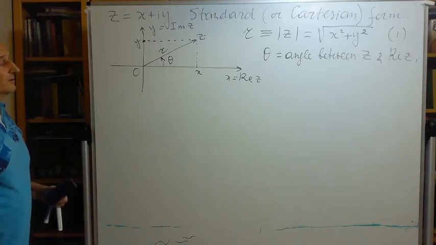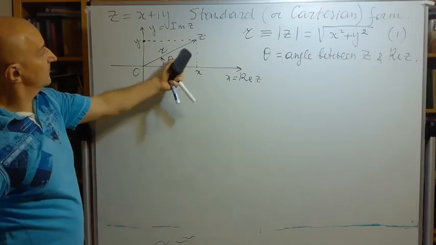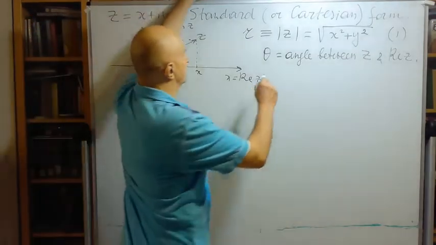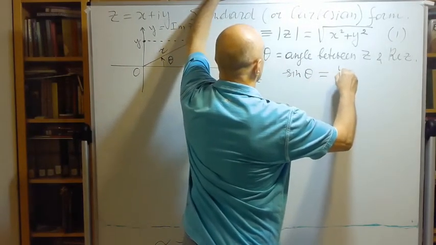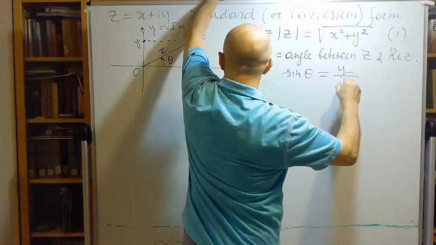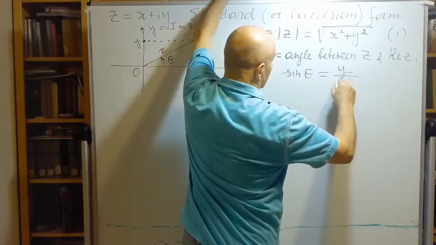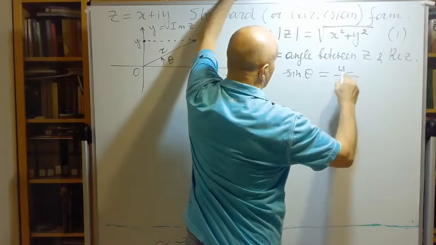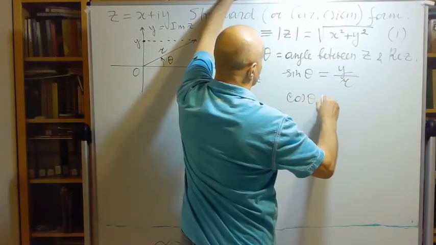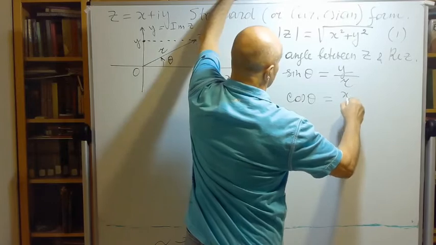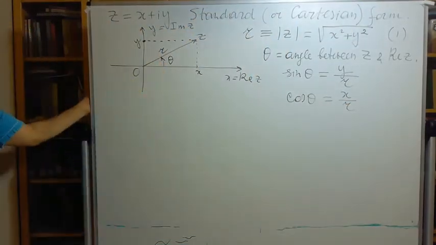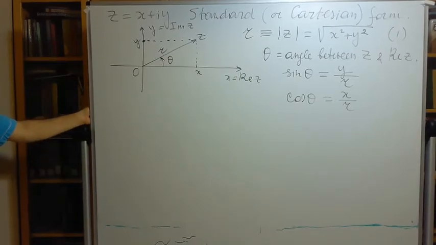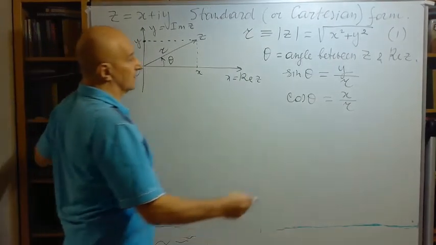How can we find the expression for theta? I can see from this formula that sine theta equals y over modulus z, or y over r, and cosine theta is x over r, as we can see from this triangle, or we can see from the unit circle in case when x and y are negative.